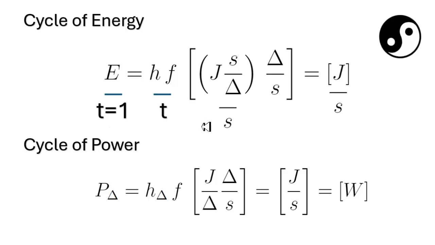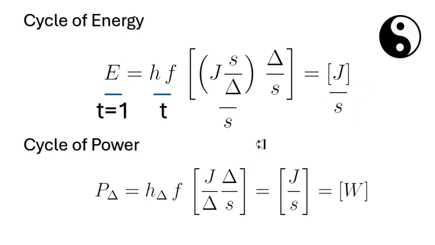So we also have to introduce a new unit. Okay, we have to divide both sides of the equation by a second term. So the hf needs to be divided by a second term, and the final output needs to be divided by a second term.